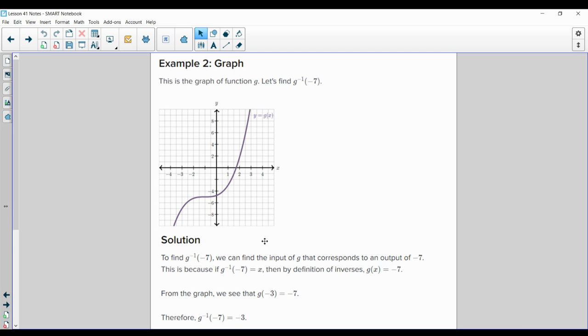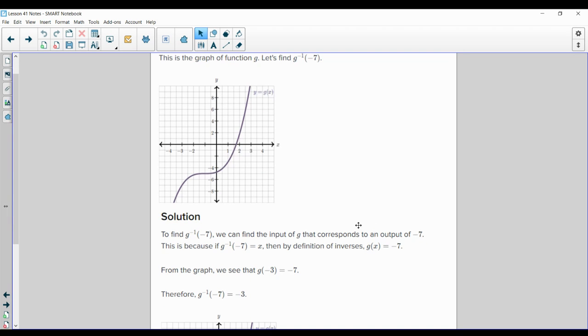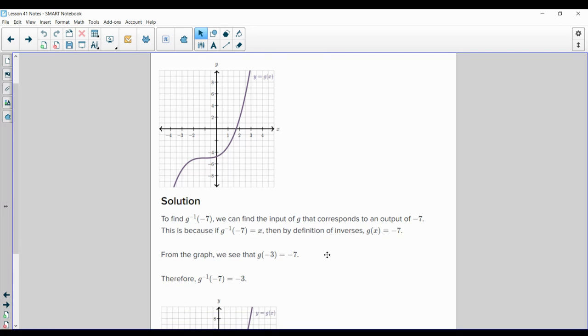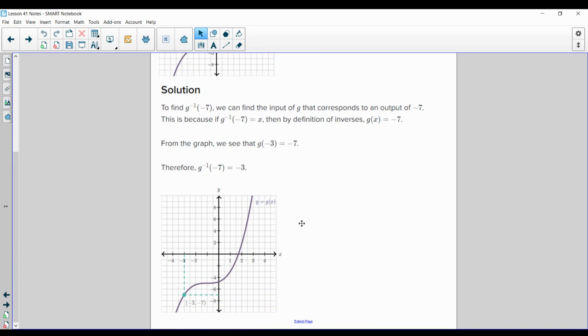So g inverse of -7 would equal -3. So again, from the graph here, if I had asked for g of -3, that would be -7. So that would mean g inverse of -7 would equal -3. It depends again on your point of view, your reference of which one you're using. Are you using the initial function or are you doing the inverse?